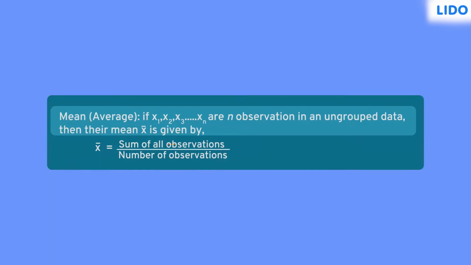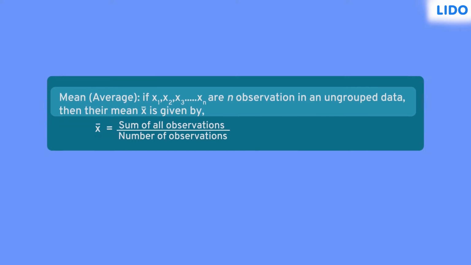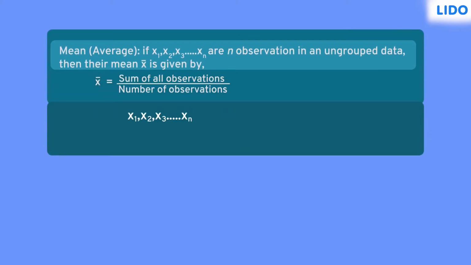The mean is equal to the sum of all observations in the dataset divided by the number of observations in the dataset. So, if we have n values in a dataset and they have values x1, x2, and so on up to xn, the mean is denoted by x bar. x bar is equal to (x1 + x2 + x3 + ... + xn) divided by the number of observations n.